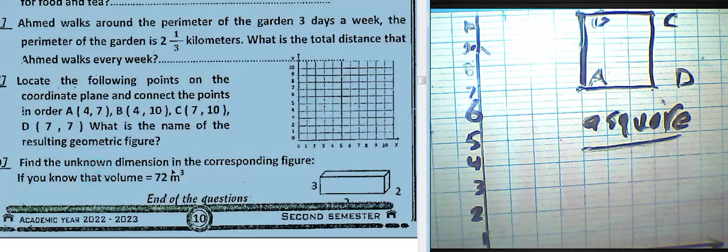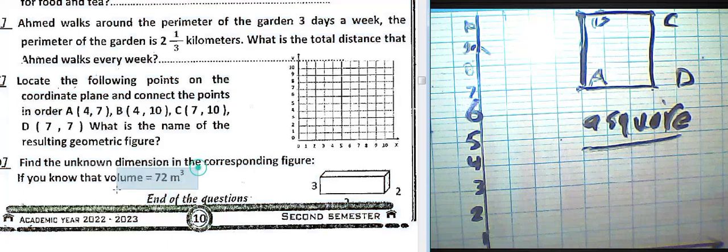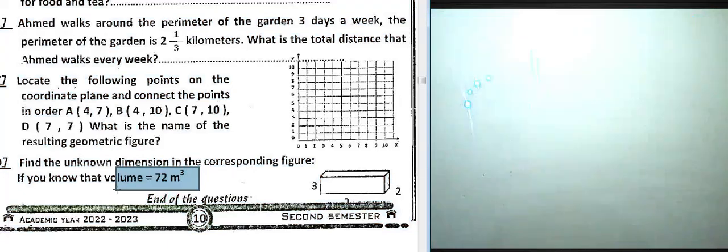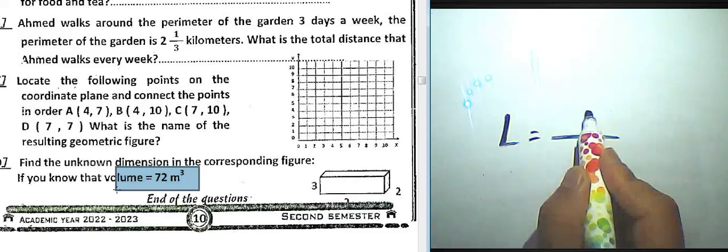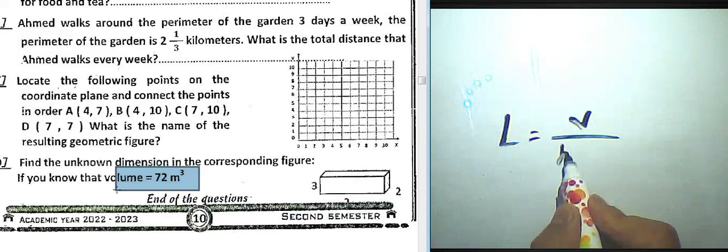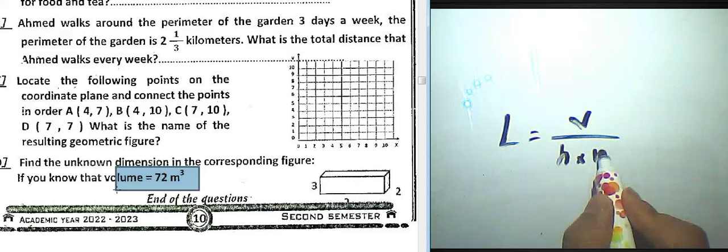Find the unknown dimension of the corresponding figure. We have here height 3 and width 2 centimeters, and we want to find the length. He gives us the volume here. To find the length, you must divide the volume by height multiplied by width.